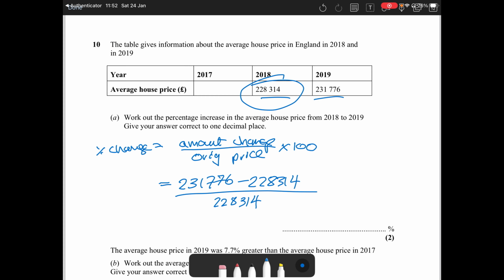I'm doing a bit of calculator pressing right now. So I'm taking away 228,314, and I'm going to write that as a fraction over 228,314, and then I times it by 100.